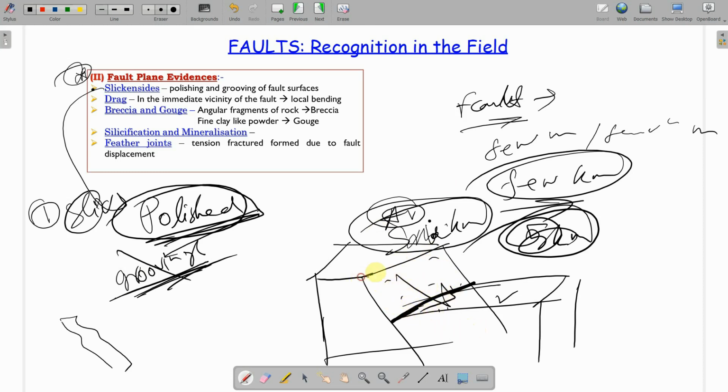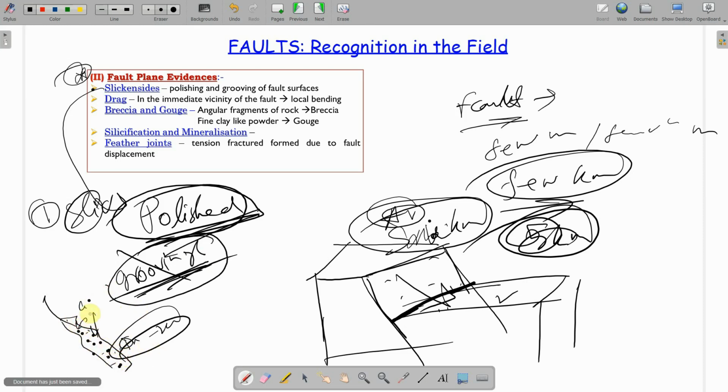It will smooth out this plane, and along with it will leave some marks. That grooving could be 1 to 2 meters deep. Sometimes this groove is filled up with chemical precipitation, like some placer deposits such as gold, or filled by some minerals. So this is slickenside.